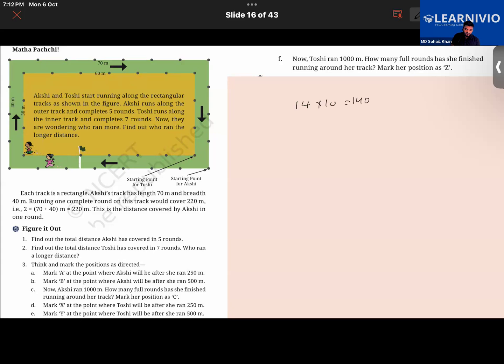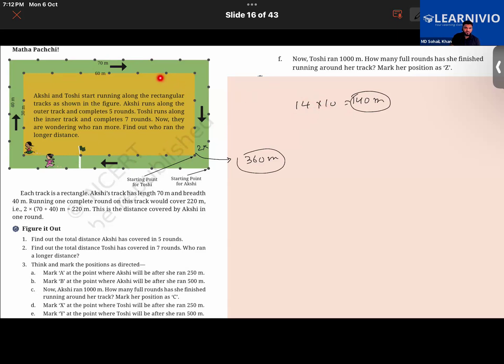When she has already done two rounds, she has run 360 meter. Then she has to run another 140 meter. While running another 140 meter, it is going to be 10 plus 10 plus 10, 14 times, so I simply multiplied 14 with 10.